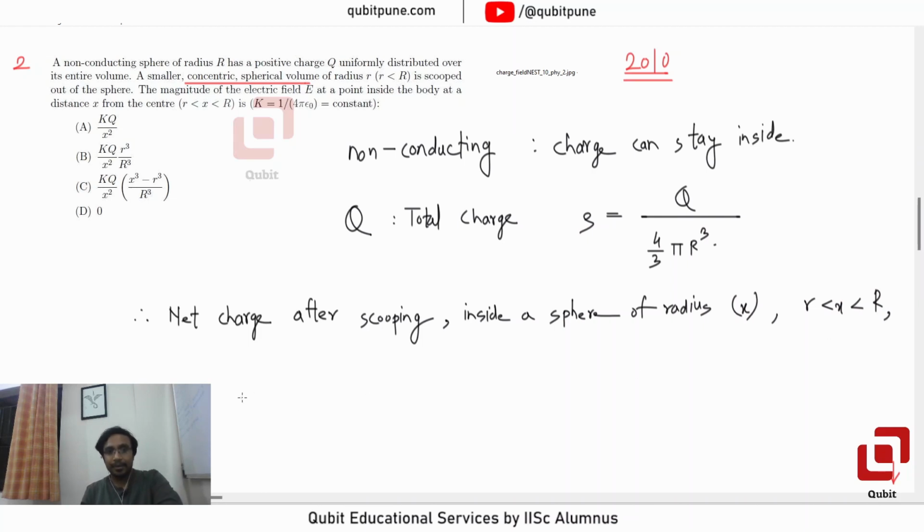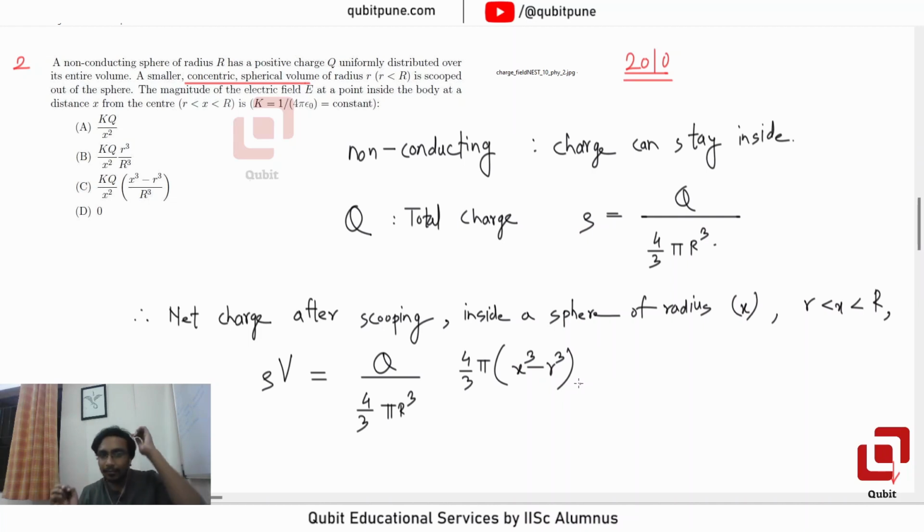Look, it is charge density into volume. Will it not be charge density into volume? Yes. So that is Q by 4 by 3 pi R cube. And what's the volume now? Volume would be 4 by 3 pi, x cubed minus r cubed. Have you understood this? Yes? Okay, that's the volume.